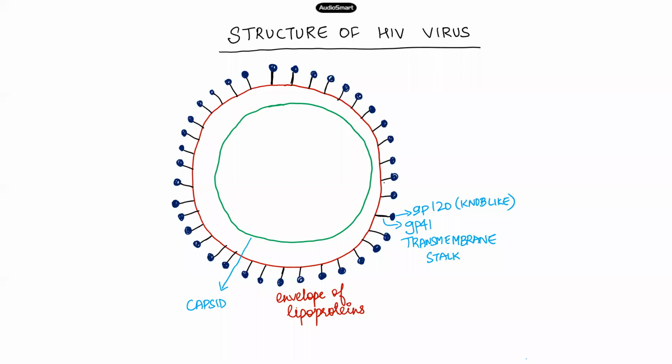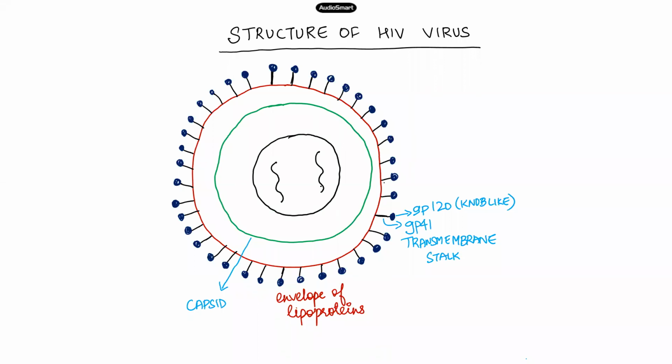Now, after this comes the core genome. This is the core genome, and it contains the genetic material of the virus, which is a single stranded RNA. Apart from single stranded RNA, it also possesses certain enzymes.